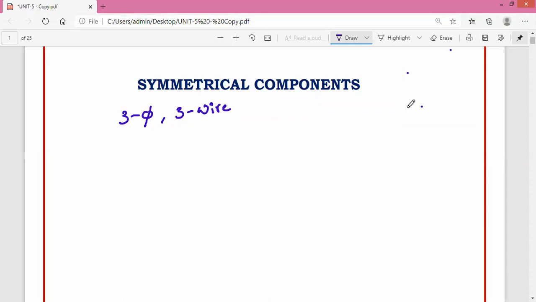When the system is balanced, what are the three phases that we have generally? R phase, Y phase, and B phase. These three phases are equal in magnitude with a phase difference of 120 degrees, so that system is called a balanced system.